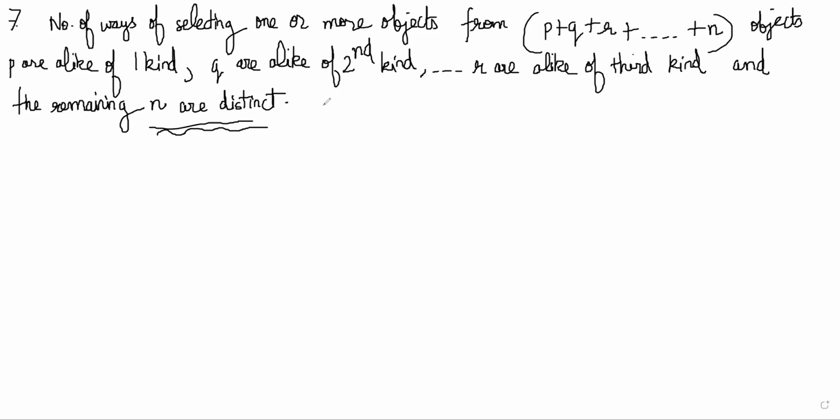It's the same question plus the original idea we had done separately earlier. How many ways are there of selecting one or more things from n different things, right? That was 2 power n minus 1.